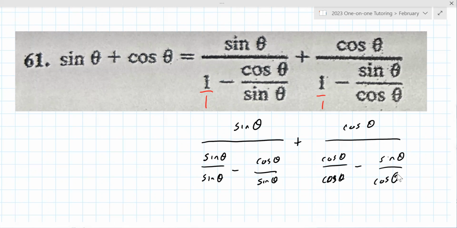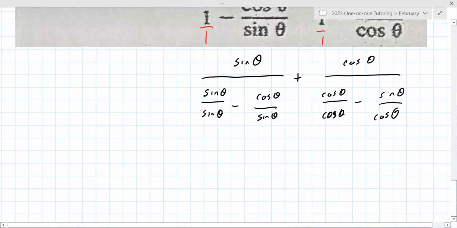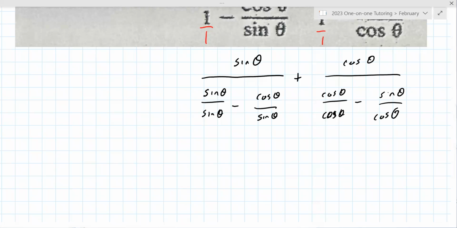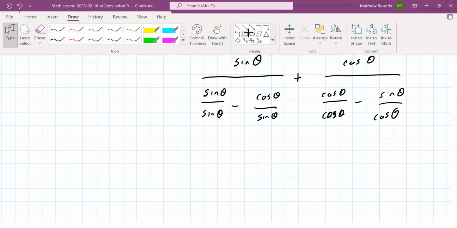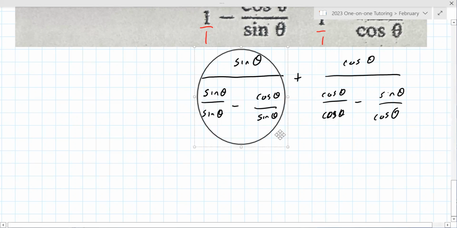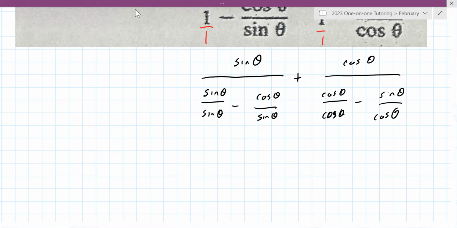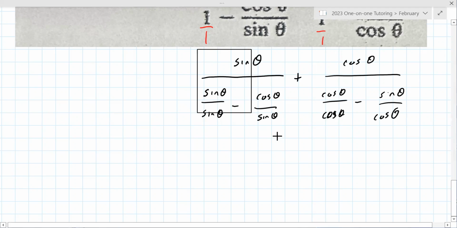Now this is all good, but where do we go from here? They have both the same denominators. You should really just focus on one of them, like the one on the left. Not try to do both.